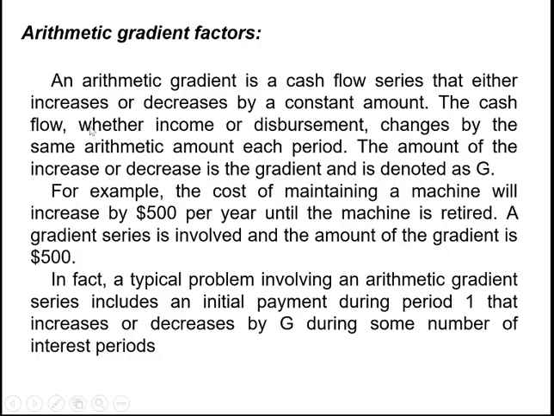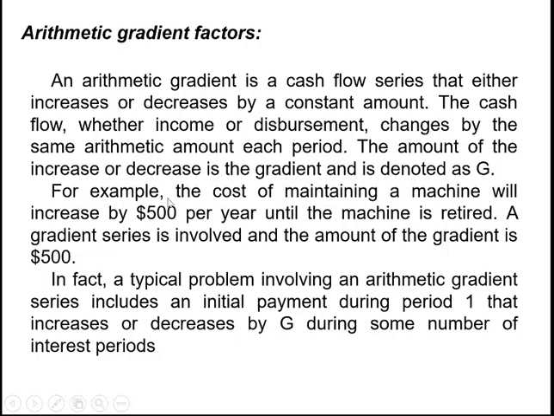The cash flows, whether income or disbursements, change by the same arithmetic amount each period. The amount of the increase or decrease is the gradient and is denoted as G.